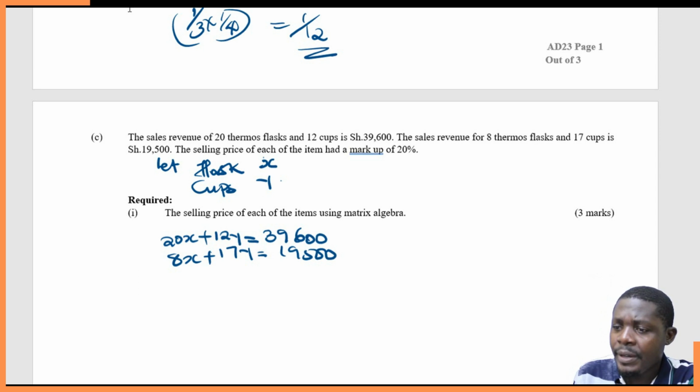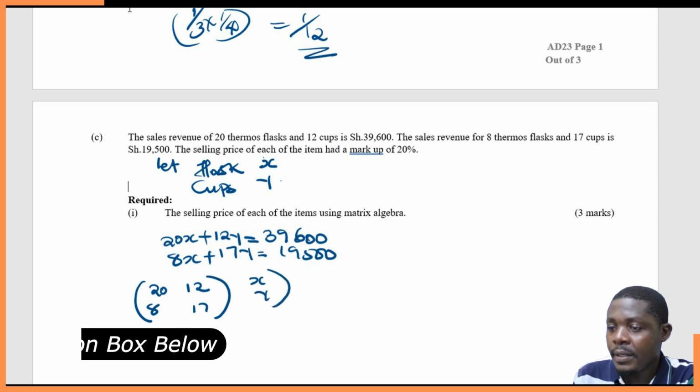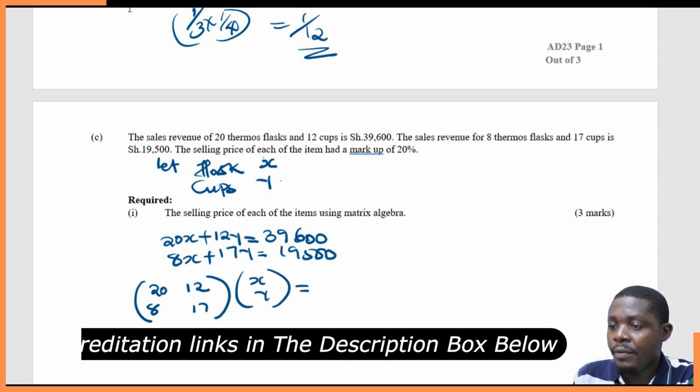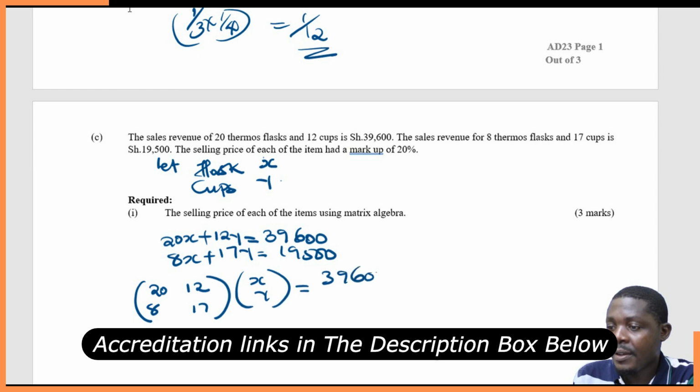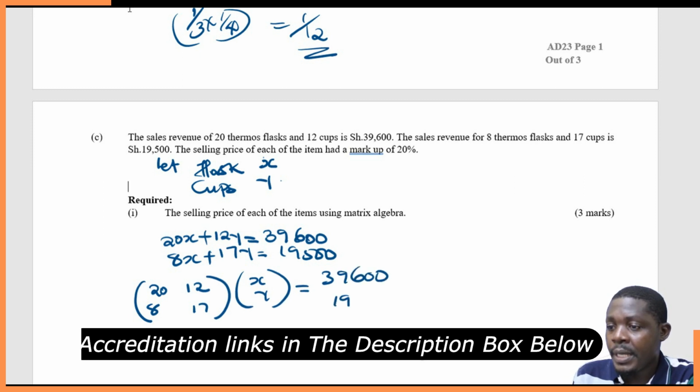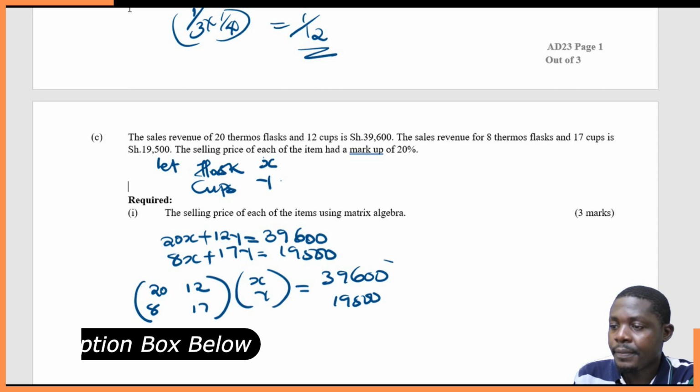Now at this point you can arrange in matrix form. It is going to be 20, 12, 8, 17, times x, y, is equivalent to 39,600 and 19,500.